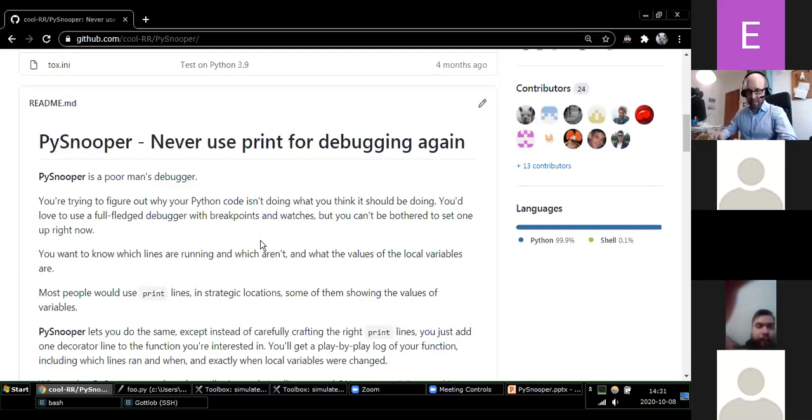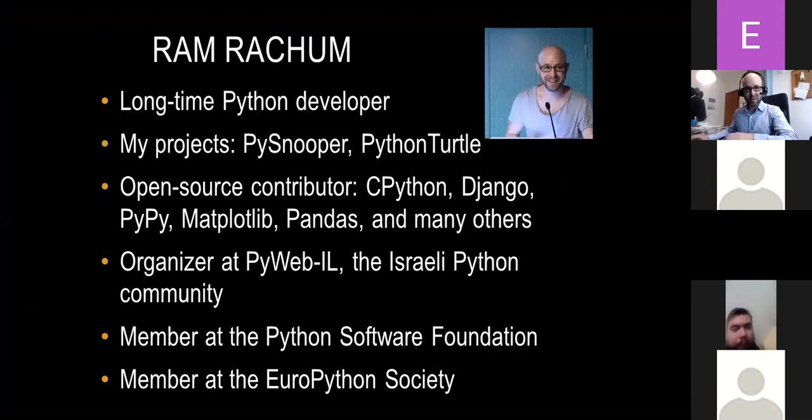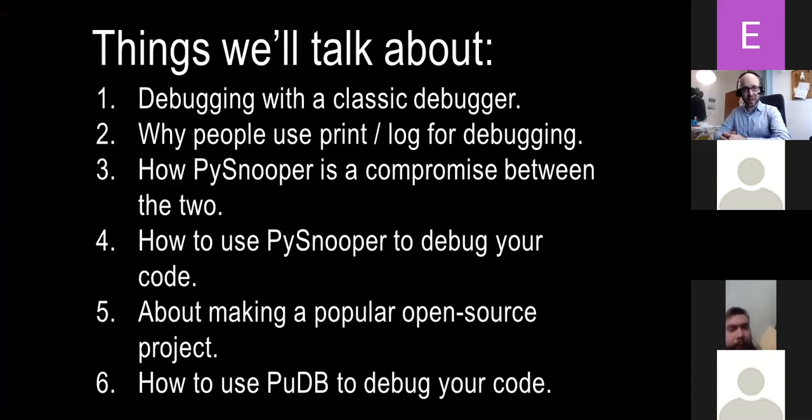So I'm going to explain a bit. I'm going to talk about debuggers a bit. I'm going to explain about debugging with a classic debugger. I'm going to talk about why people end up using print statements or log statements to do debugging instead of using a debugger. I'm going to talk about how PySnooper is a compromise between these two solutions.